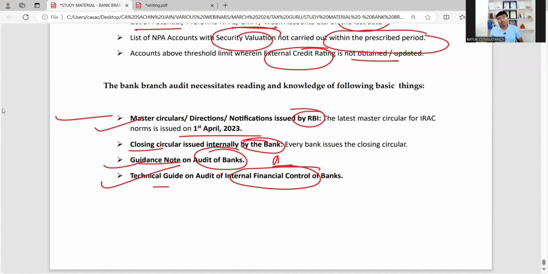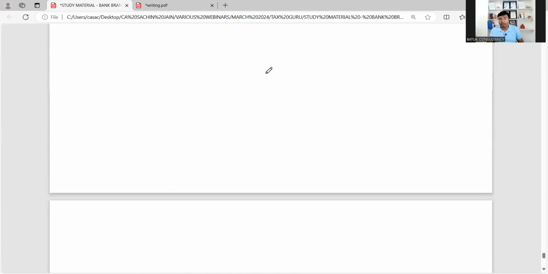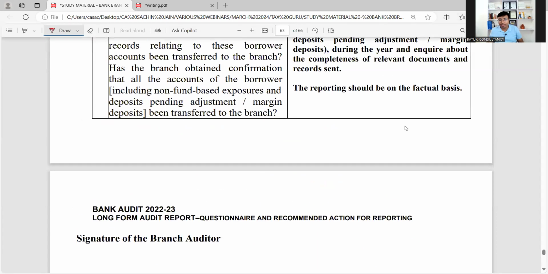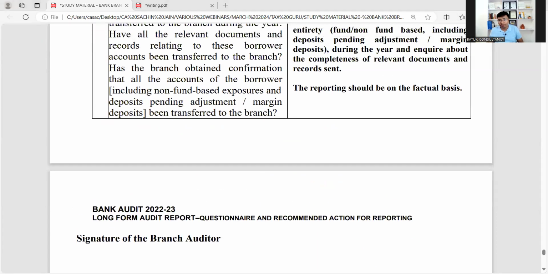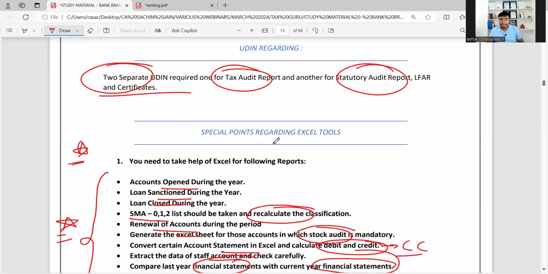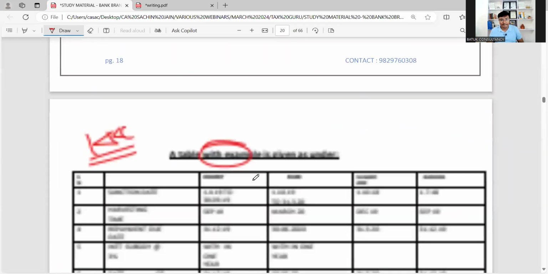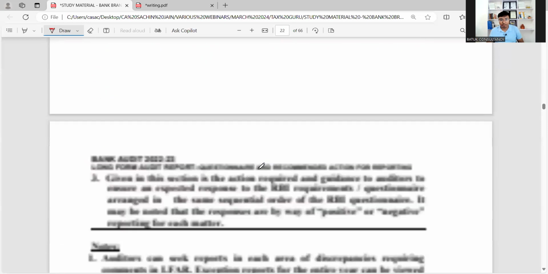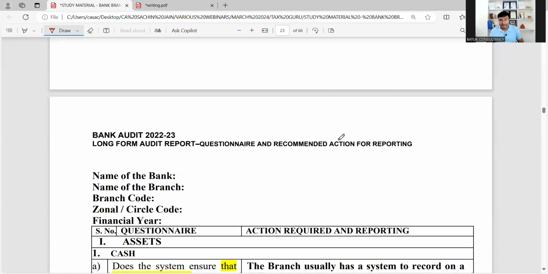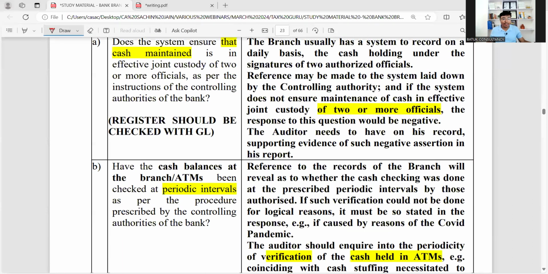all these things. Okay. Now, just look at the long form audit report. I am not going to discuss the complete long form audit report. I am going to discuss the briefs of this long form audit report.